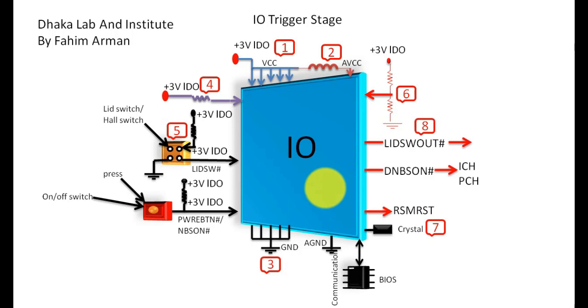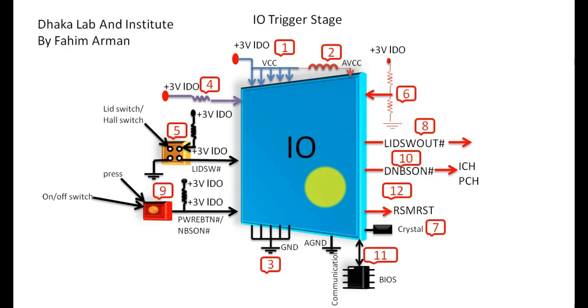and the 8th step is lead switch out hash, and the 9th is the work of the on off switch and its signal, and the 10th step is DNBS on, which will enter into ICH or PCH, and the 11th step is communication with BIOS, and then the last one, the 12th step, is RSM RST.